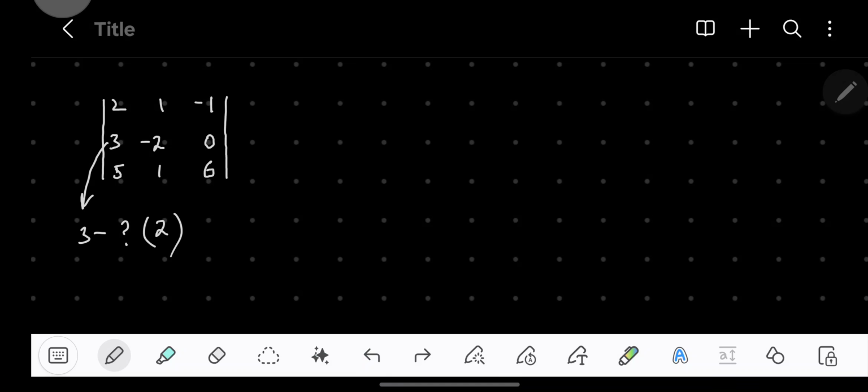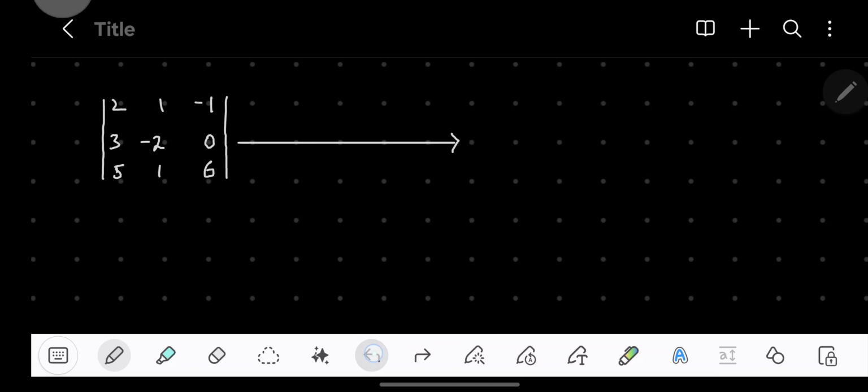Okay, if you don't know, this is the trick: just put 3 by 2, this entry up and this entry down. If you put it this way, then this entry will cancel by this entry. You will get 3 minus 3, which is 0.